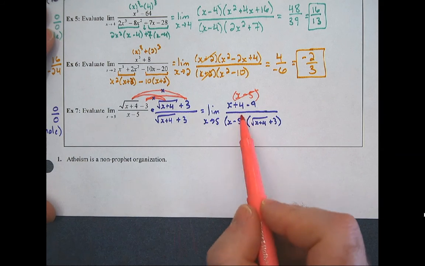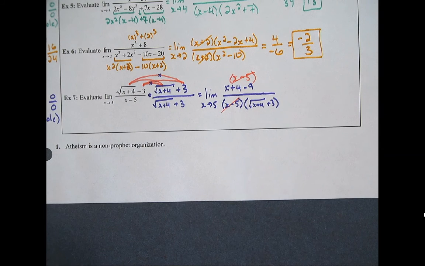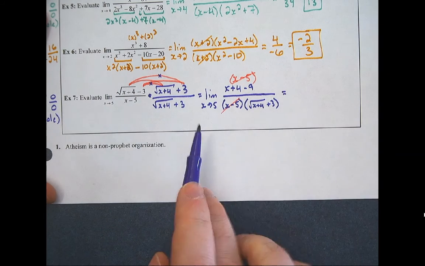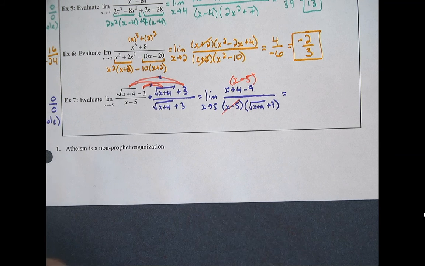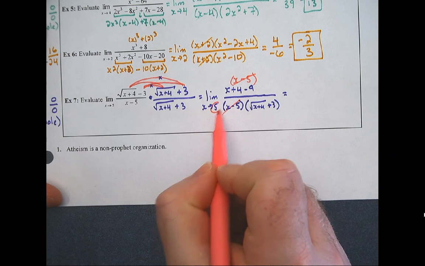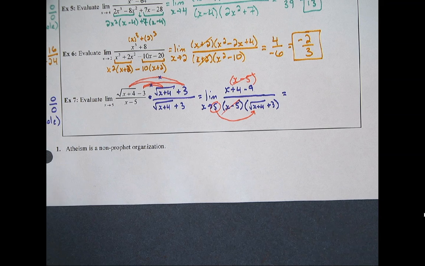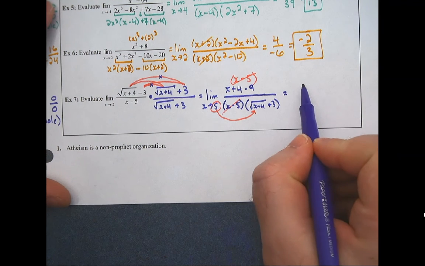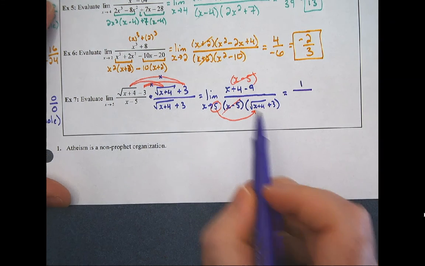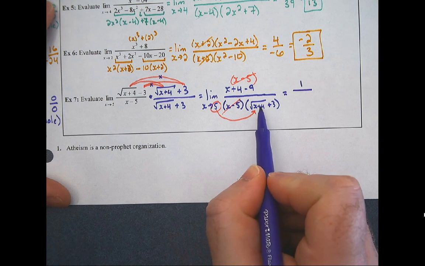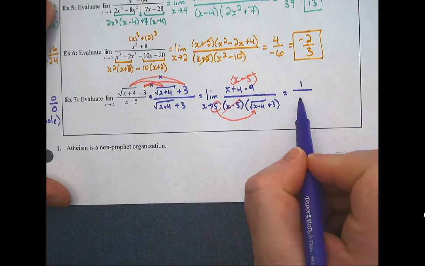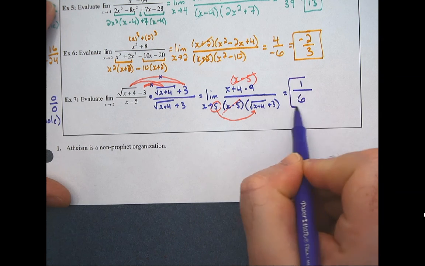If that's x minus 5, I can now cancel. And I can now direct substitute because this minus 5 in the denominator got canceled out. So what happened to the numerator? What's left up top? Well, that's still a 1. Over, now I can put the 5 in there. 5 plus 4 is 9. Square root of 9 is 3. 3 plus 3 is 6.